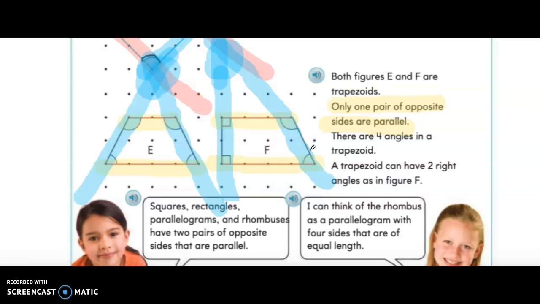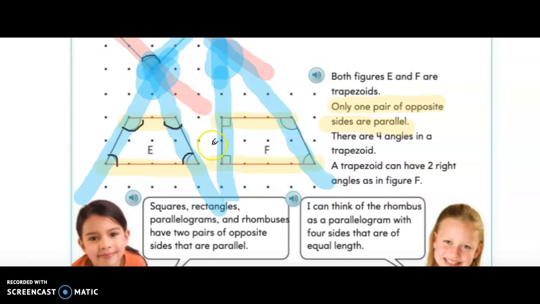Now, for a trapezoid, there are 4 angles. They gave us 2 examples of a trapezoid because it can kind of change here. So let's look at E first. It has 4 angles, and the thing we want to keep in mind is these are all quadrilaterals, which are 4-sided figures. So they're all going to have 4 sides and 4 angles.